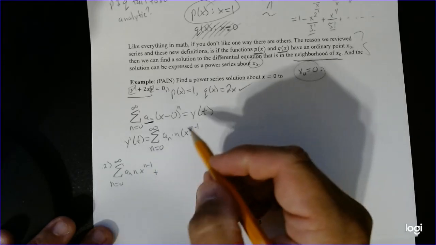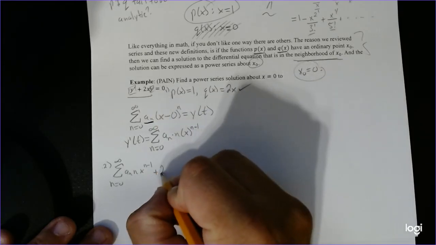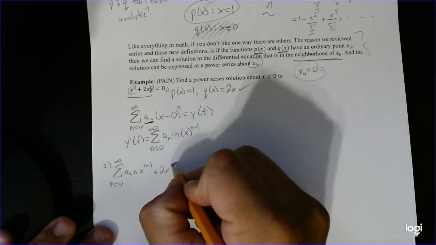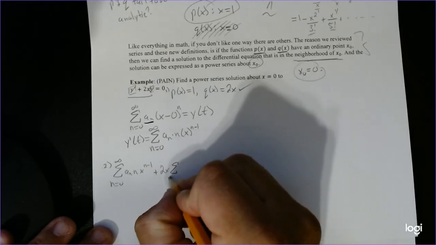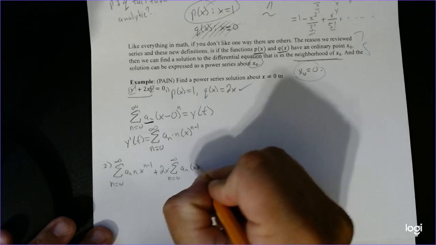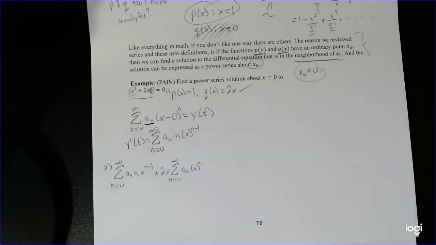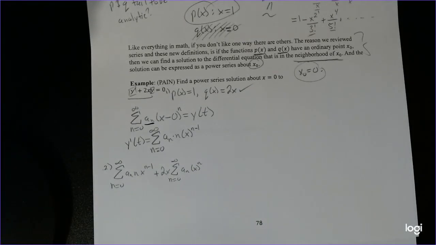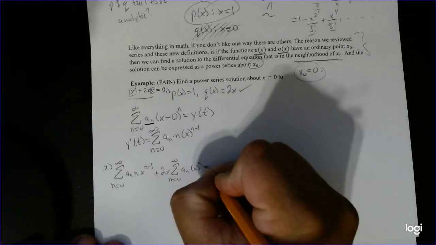Plus 2x times the series. All right, so this equals 0.